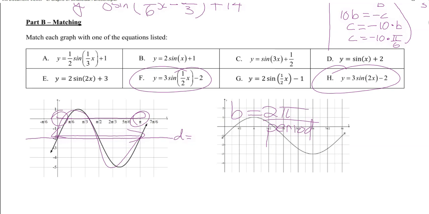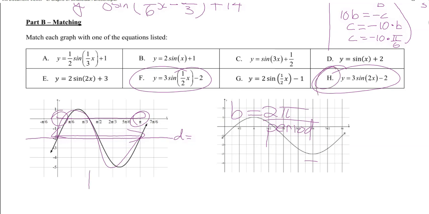So, if I take 2 pi divided by 1/2, am I going to get pi? 2 divided by 1/2 is 2 times 2 over 1 is 4. So 2 pi divided by 1/2 will be 4 pi. That's not the period, right? So let's try 2. What's 2 pi divided by 2? Pi. So H is the answer.